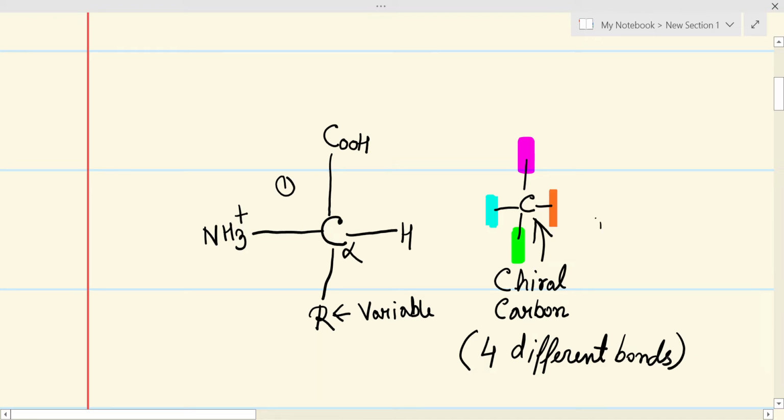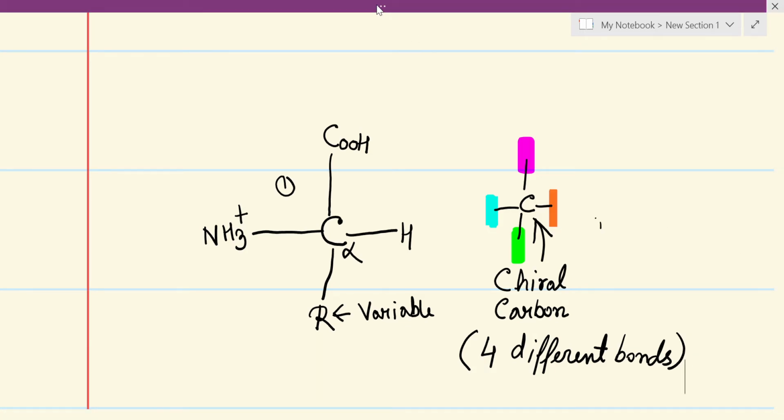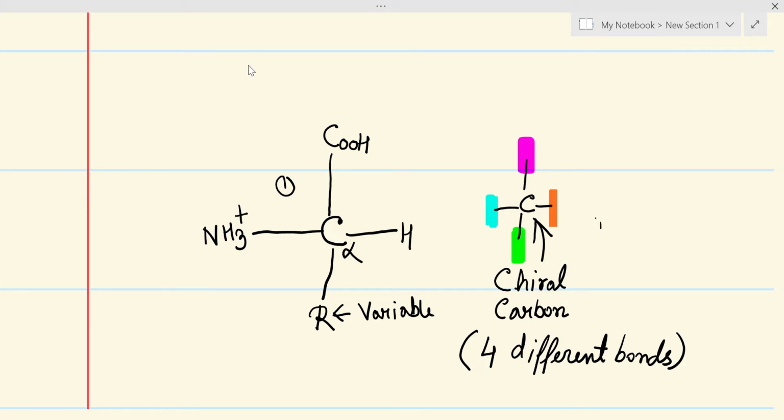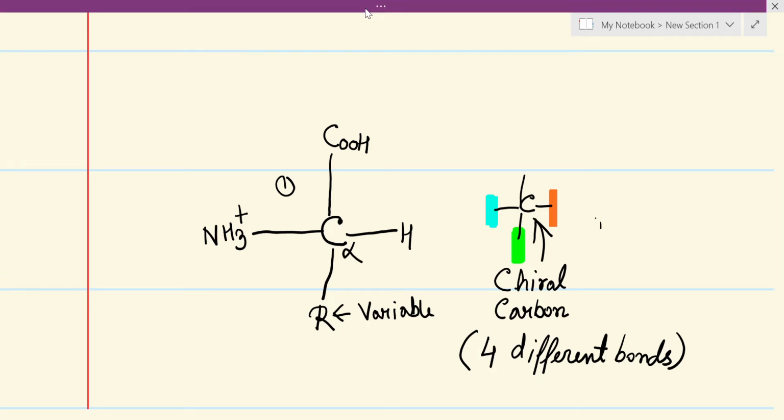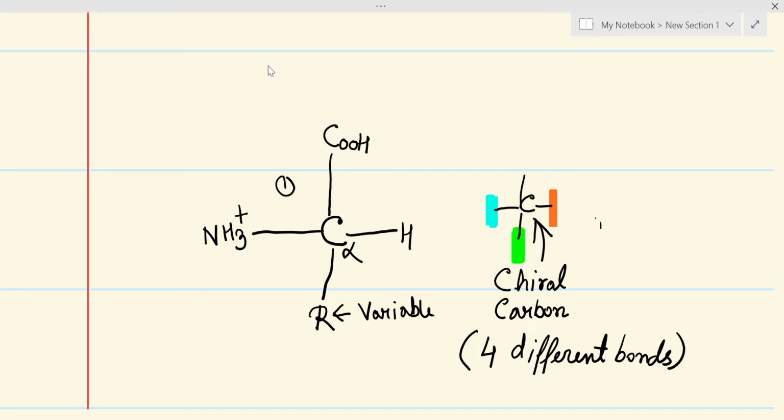But if I make one of the bonds similar to the other bond, like if I erase this here, as you can see, these 2 bonds, this bond and this bond, they are similar.